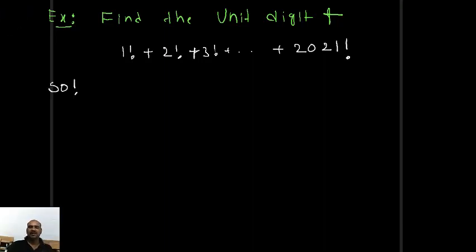We want the last digit of 1 factorial plus 2 factorial plus 3 factorial and so on up to 2021 factorial. It's a logical question.